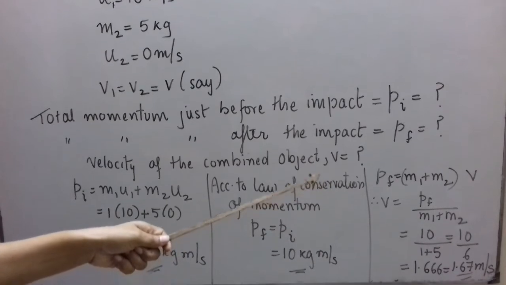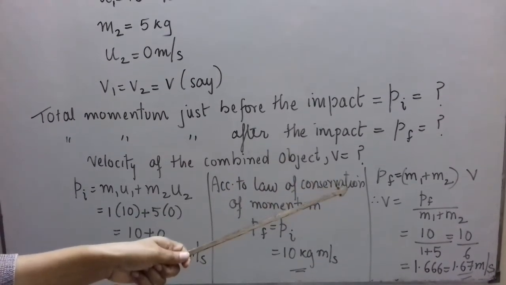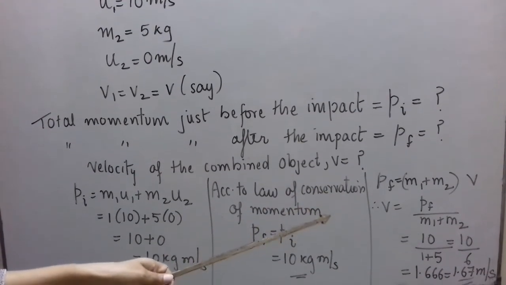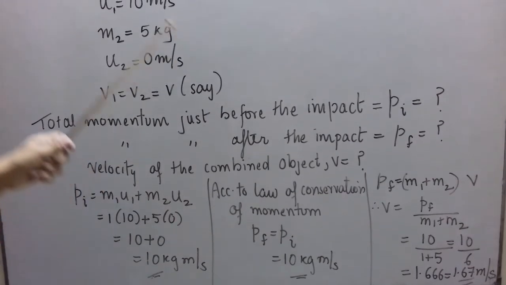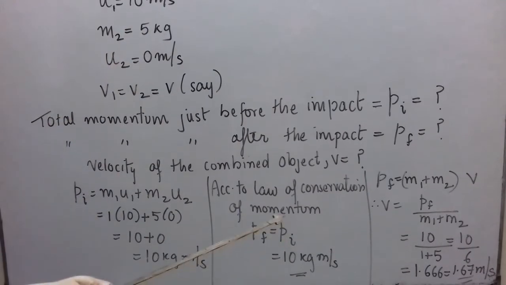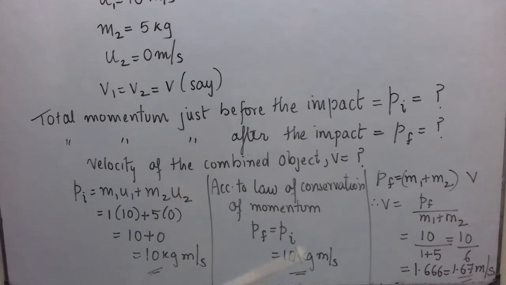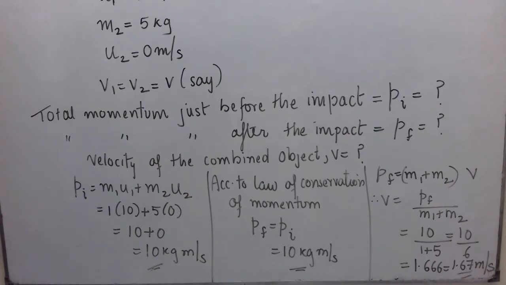You can use it directly or show the steps. So Pf is m1 plus m2 into V. V is equal to Pf divided by m1 plus m2. Pf is 10 kg meter per second, m1 is 1 kg and m2 is 5 kg. So after simplification you get V equal to 1.666. Rounding it off to 2 decimal places, it is 1.67 meter per second.